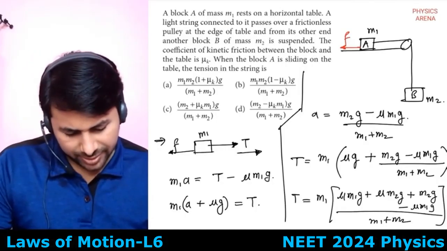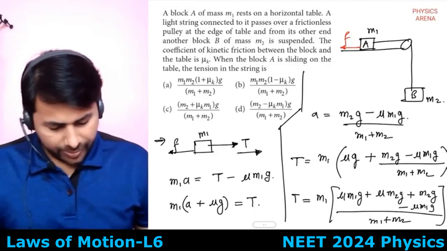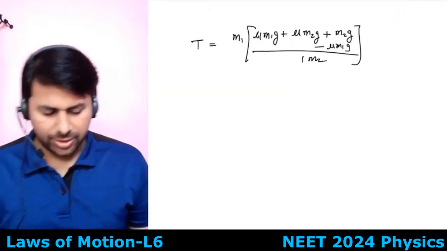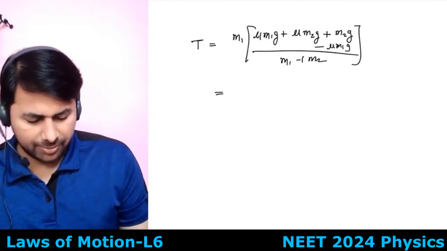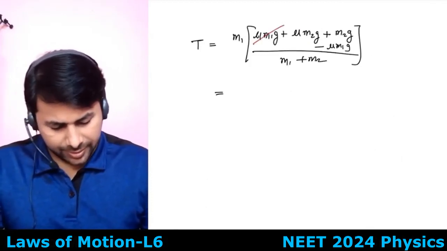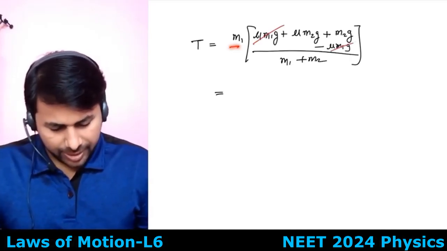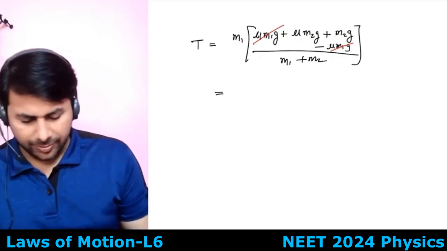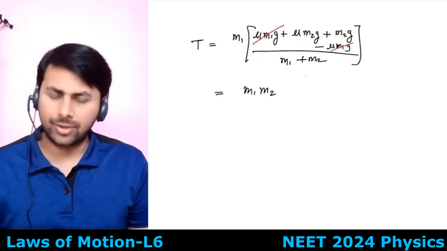Was asked in NEET, maybe. Okay. So T is equal to this much. So that was M1 plus M2, right? This thing gets cancelled, and we have M1 multiplied by M2. I can take common, so it is M1 M2, and G also I can take common.